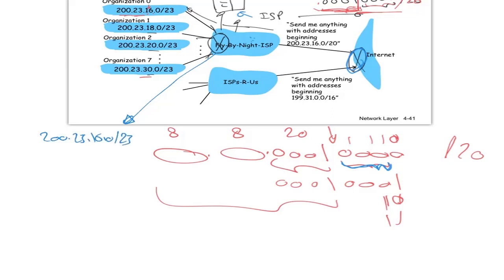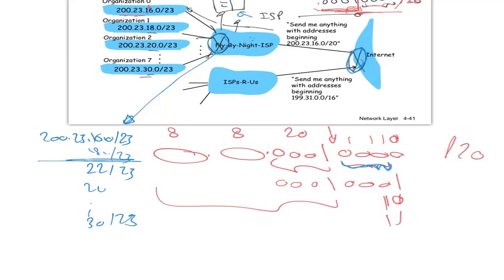And I will have 18, I will not have 20.0.20, and I will jump back to 20, let's say 22.23, 24, and so on, all the way to 30.23. But I will not have this organization 2 entry in the router here.